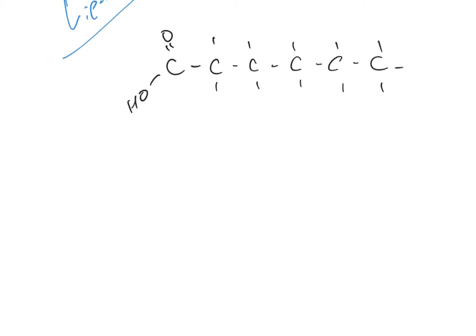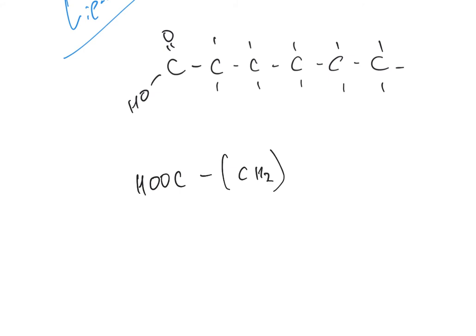That's correct. You could also write H, O, O, C, and then parentheses, CH2, N, CH3. The CH3 is this molecule. The CH2N refers to this portion, and COH refers to that portion.